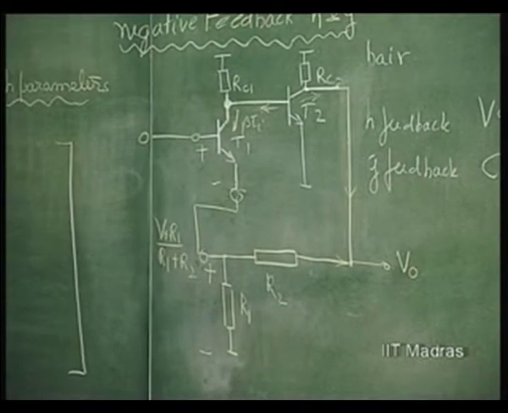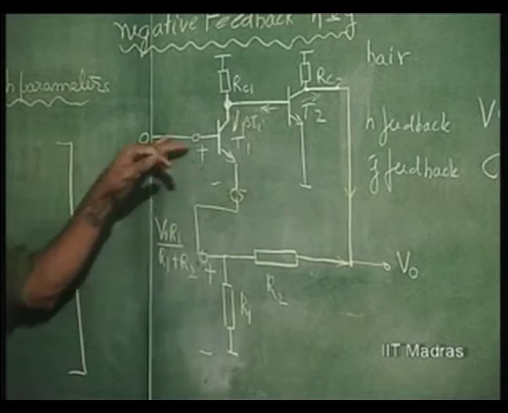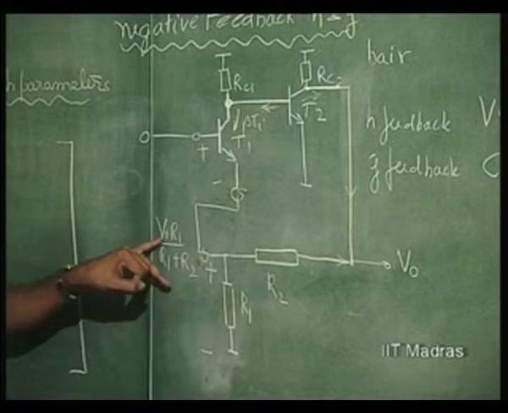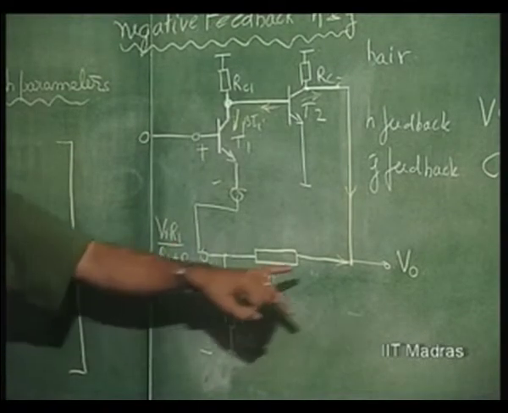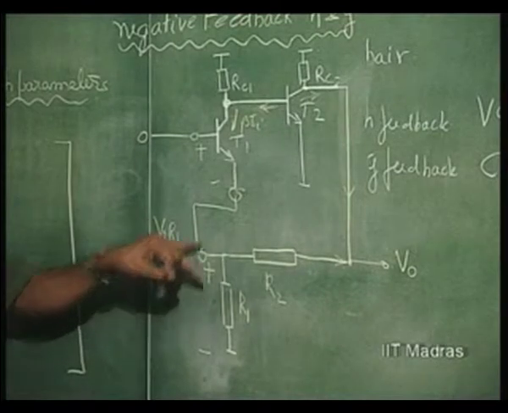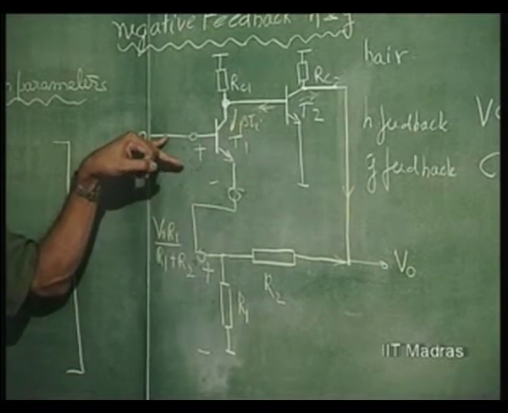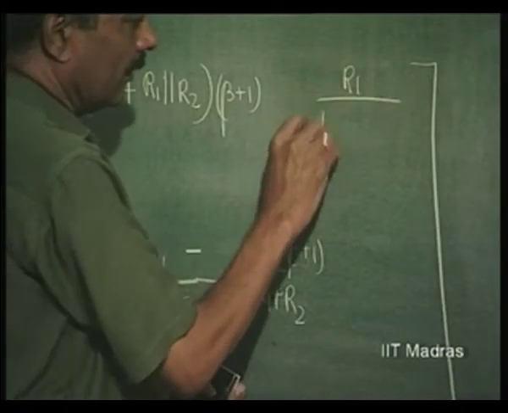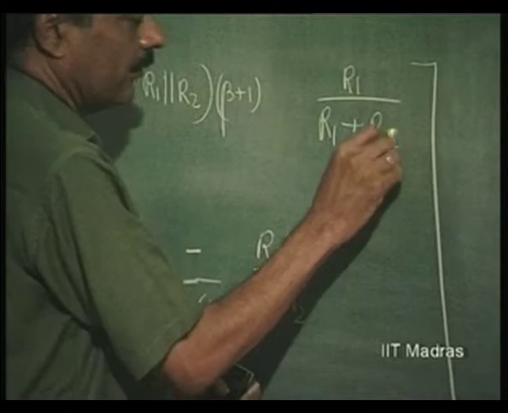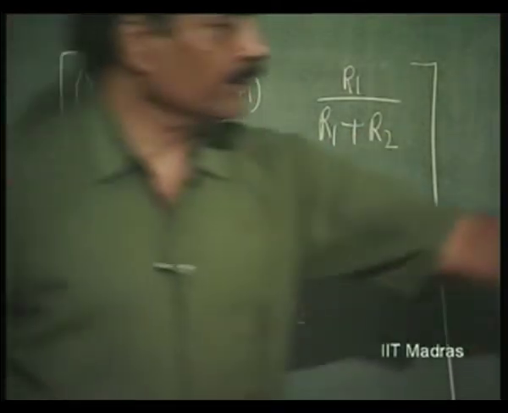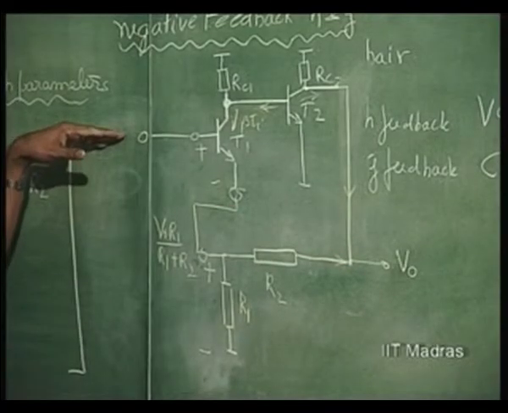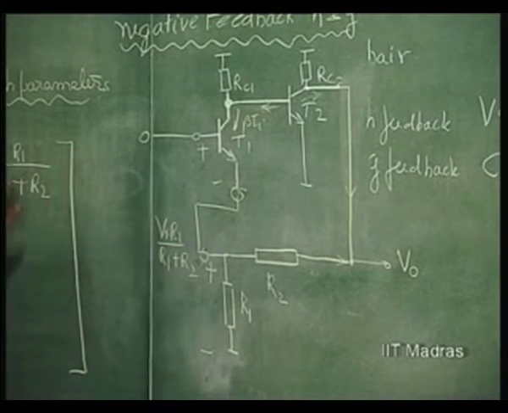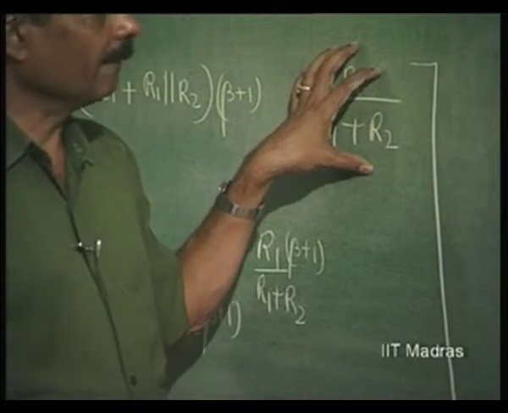When you apply V naught here, there is no current in this, and therefore the voltage here is going to be V naught R1 by R1 plus R2. There is no current here, so this voltage is going to appear as the open circuit voltage here. This is H R, the feedback voltage from output to input when the input is open, simply R1 by R1 plus R2 times V naught. This is H R, very simple.